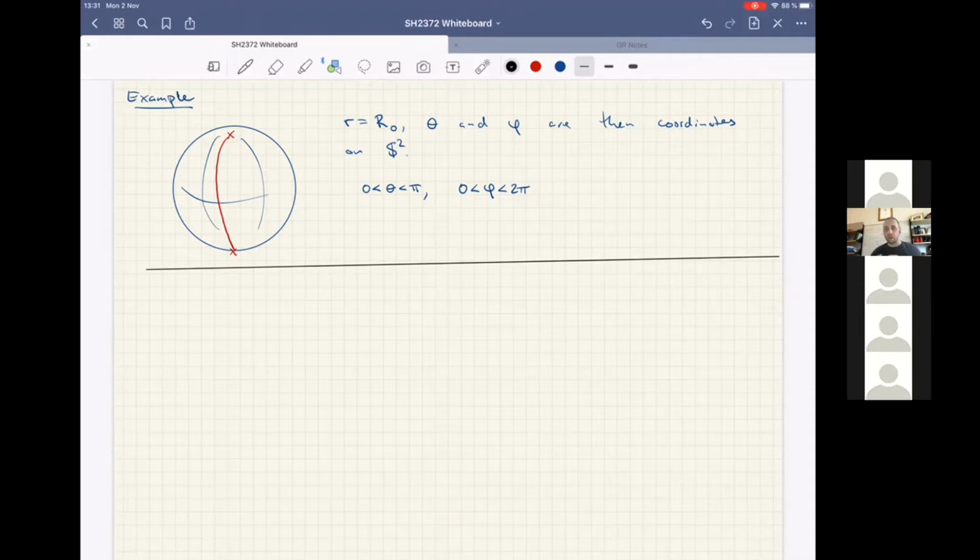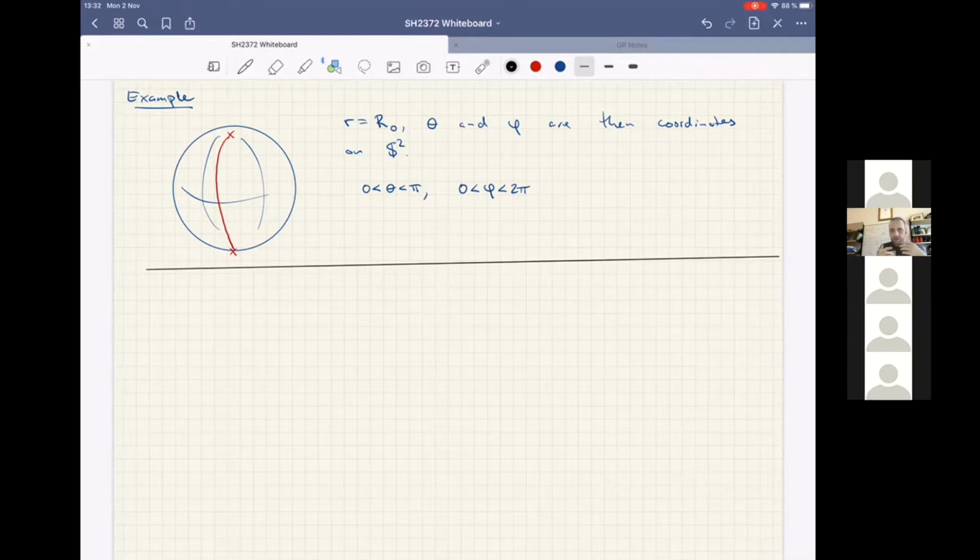So only using the coordinates of the sphere itself and not any reference to this three-dimensional space that is embedding the sphere. So our aim is to use only the properties of the sphere itself in order to describe geometry on the sphere.